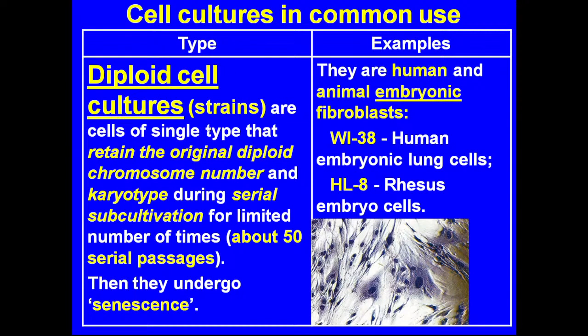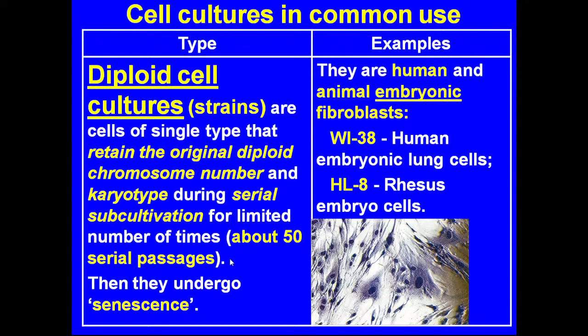Now, diploid cell cultures. These are cells of a single type that retain the original diploid chromosome number and karyotype during serial subcultivations for a limited number of times. It means they multiply outside the host, and we may perform about 50 serial passages.